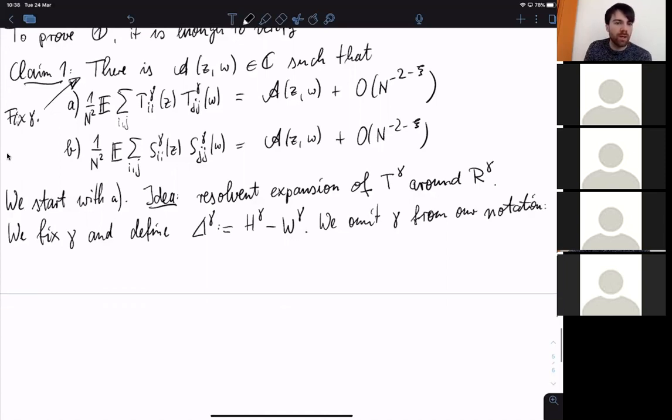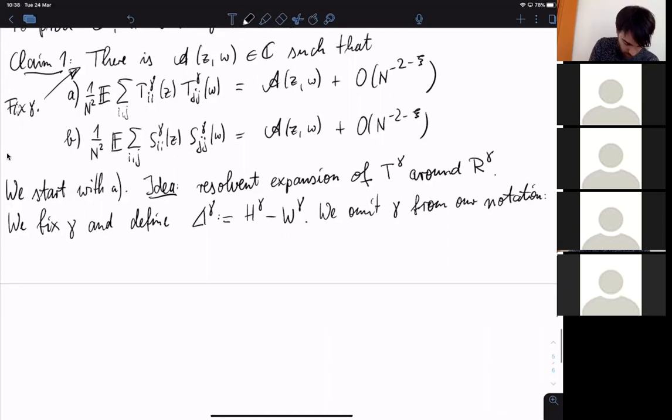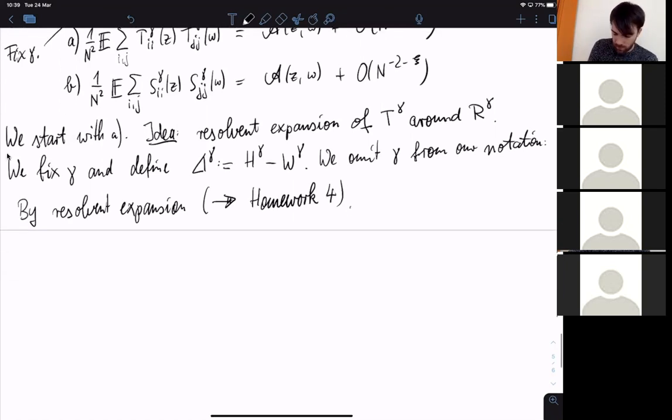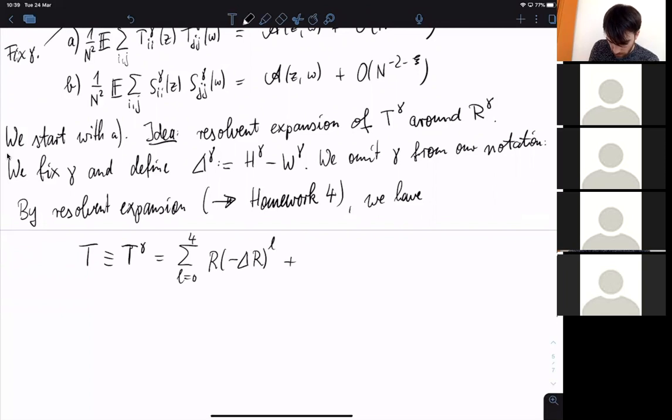By the resolvent expansion, and I'll actually ask you to prove this in the homework that I'll post probably tomorrow, homework 4, we have the following: T, which is actually T gamma, equals the sum from l equals 0 up to 4 of (R minus delta R) to the l, plus T times (minus delta R) to the 5.